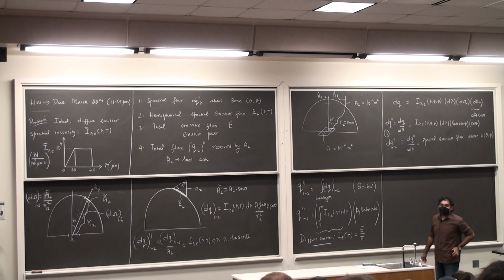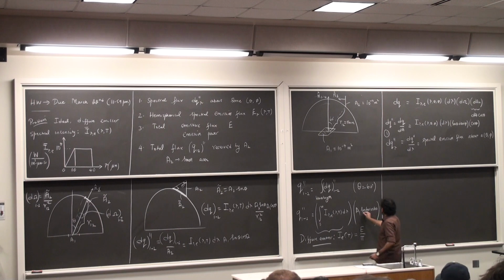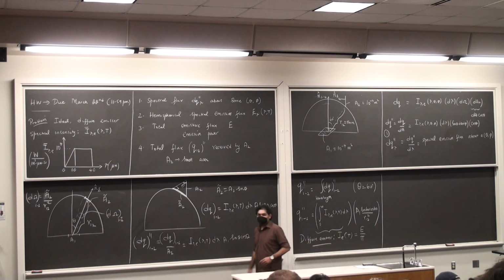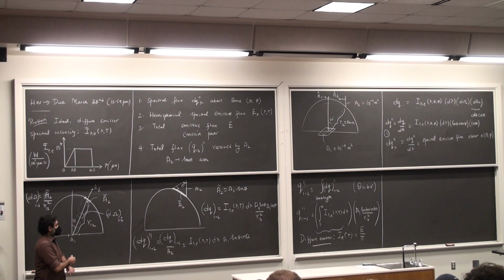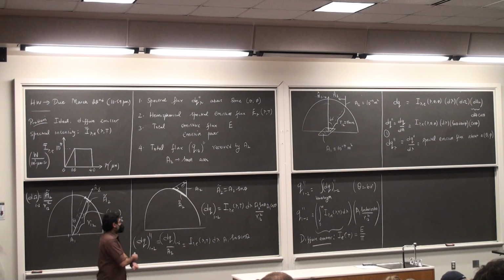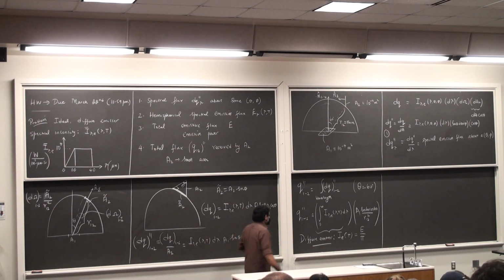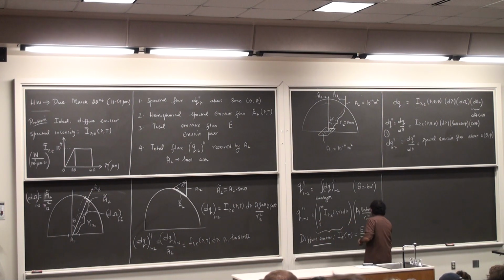Yes? What happened to the R12 squared? Good question. Alright. Do the substitutions. I'll upload the final numerical answer. I think E was already 35, something like that.